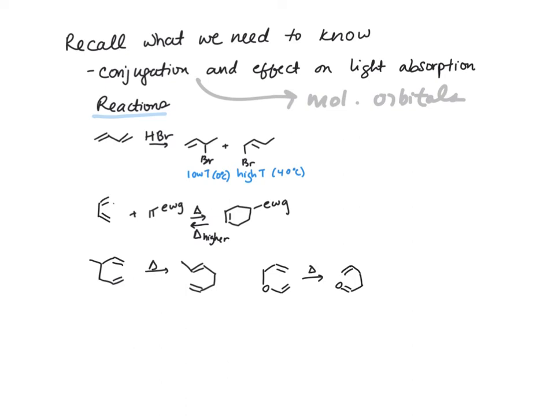We need to know our Diels-Alder reaction, where a diene reacts with a dienophile. A lot of times you'll see a dienophile with electron withdrawing groups because this promotes the reaction to occur by giving us a LUMO at a lower energy, which gets it closer to the HOMO energy of the diene.